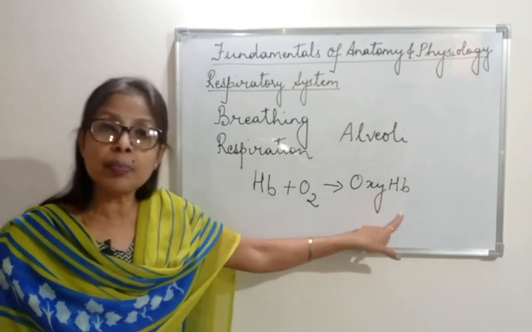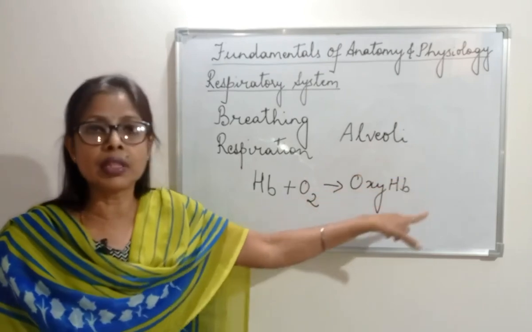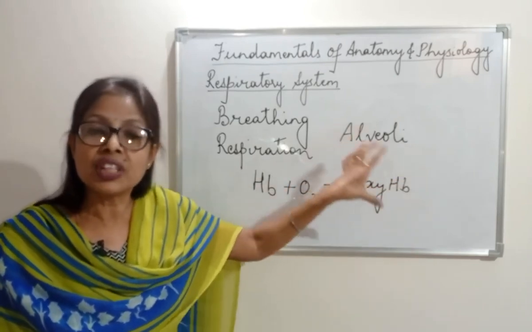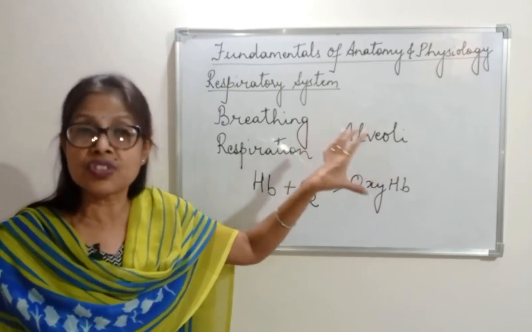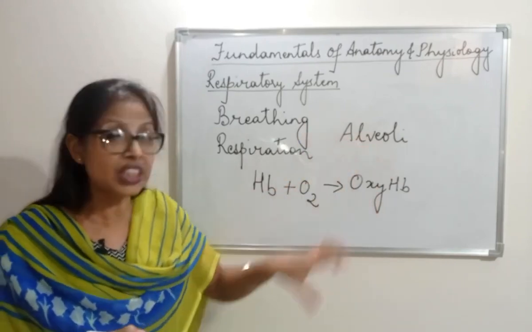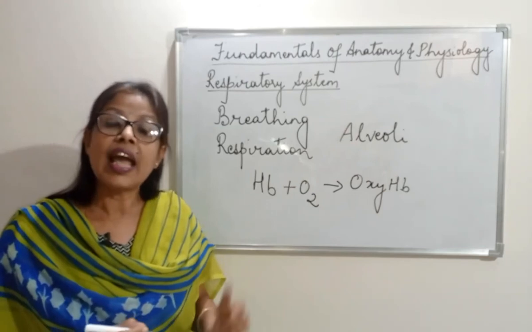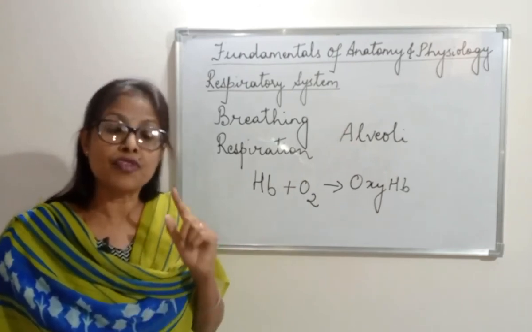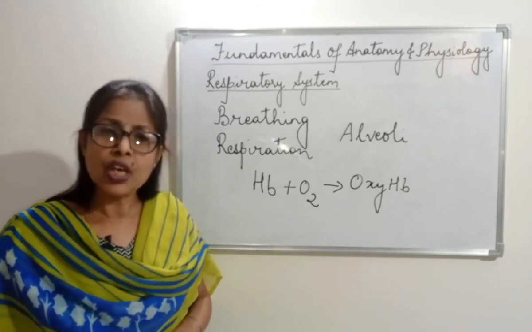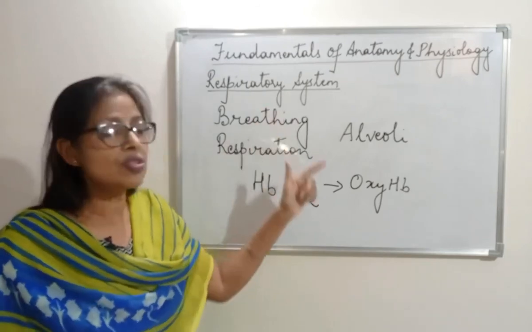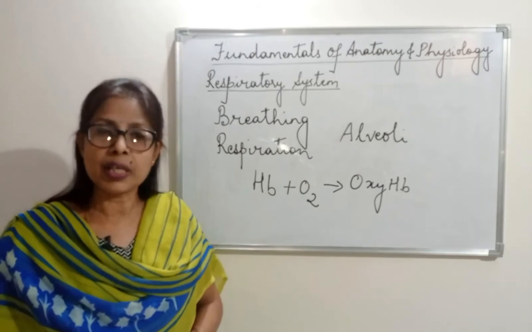But how is it supplied? This oxyhemoglobin enters the heart, and from the heart it is pumped to all parts of the body. So this is how the process of respiration takes place.